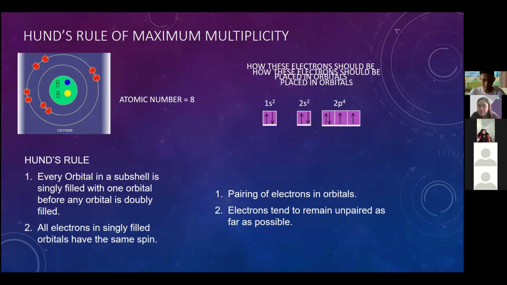And then, just like Pauli's exclusion principle, Hund's rule also states that the two electrons in each orbital should have opposite spin. So, when we have three orbitals, one by one first, and they have the same spin. If it's going up, all of them. Then when we pair up, it goes down. Okay? So again, that is according to Hund's rule of maximum multiplicity.